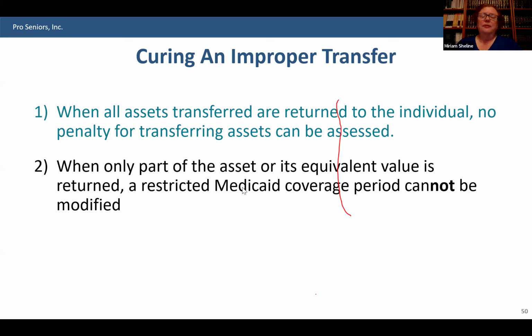A different question, and there's really not an answer for this yet: let's say you gave your son $10,000 and your daughter $10,000, and your daughter gives her $10,000 back, but your son does not. And this could be differing times as well. Should the improper transfer period be reduced because you have gotten all of the transfer to your daughter back?